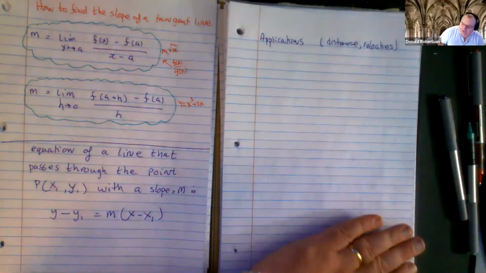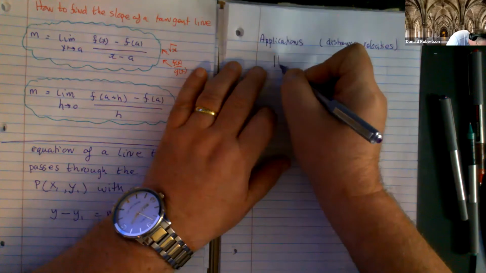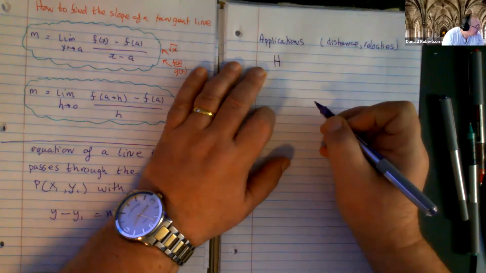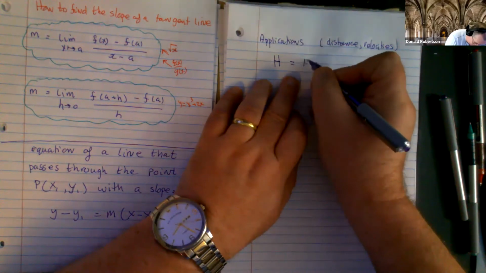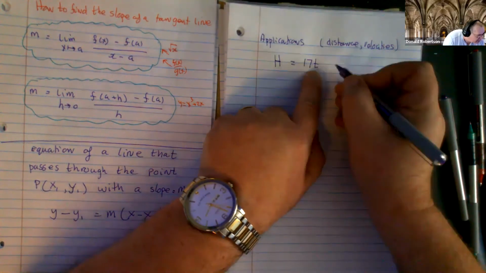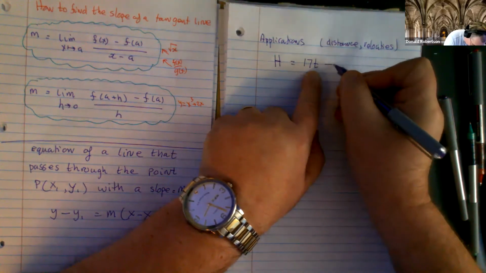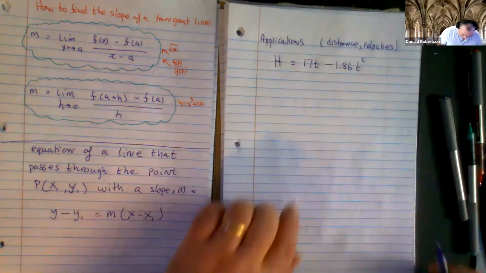that slopes are useful. So imagine I gave you a formula, h, and h is the height of an object that's thrown into the air. And the formula for the height of the object after t seconds is 17t take away 1.86t squared.